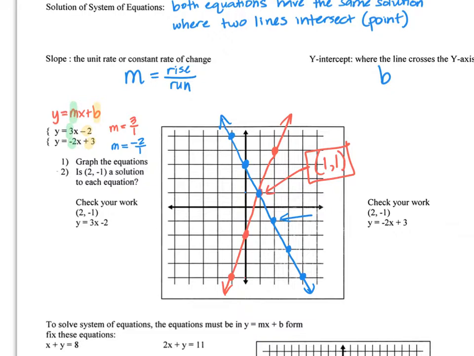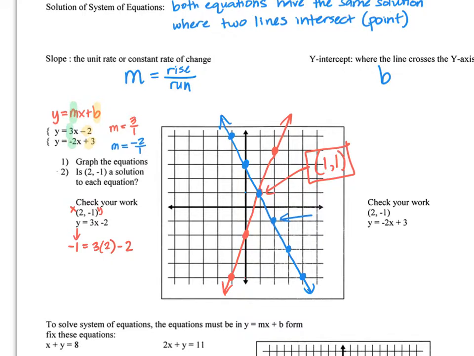For 2, -1, that means our first letter is our x. So 2 is x. -1 is our y. So y equals 3x minus 2. Y is -1, remember, equals 3 times 2, and then minus 2.